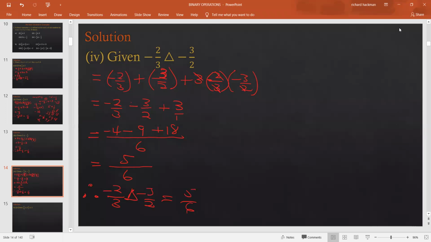Yes, please. Who didn't get what we have here? Reina. Mr. Hartman, is the minus affecting the numerator and the denominator? No. Whenever you have a negative, the negative is either affecting the numerator or the denominator.